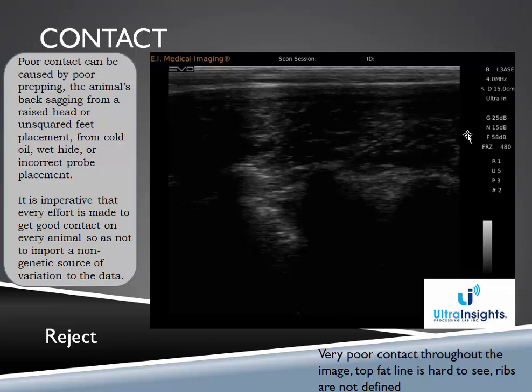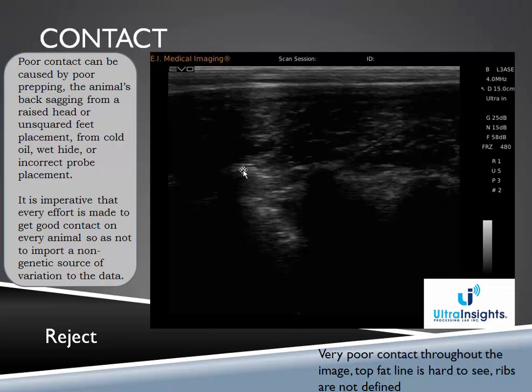Because we would assume if this is black, it might be a low marbling animal. But because we see that it's black down here and the rib tops or the fat lines are really dim, we know it's a contact issue. Another thing I want to point out is, see this band right through here? In this band, that's really the only place across here that we can see top fat line, bottom fat line, rib tops, and some scatter.